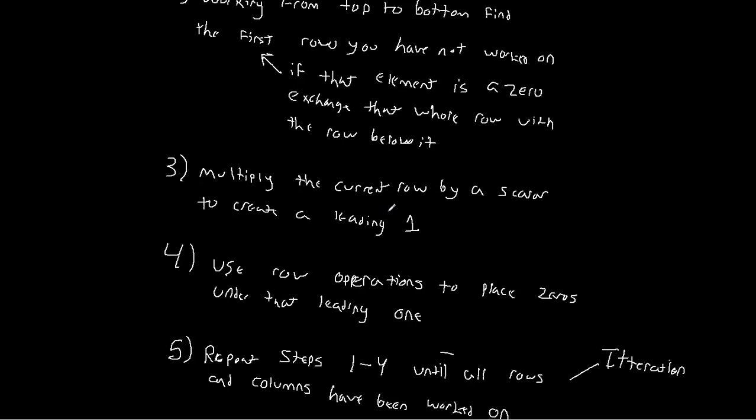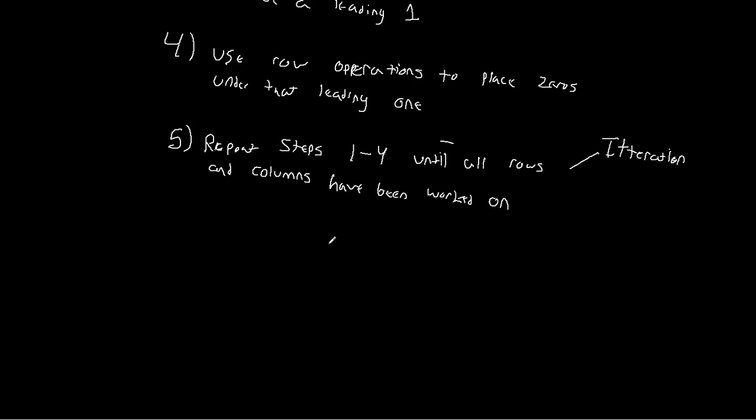That's what steps 1 through 3 did. Every leading one should now be to the right of a leading one before it, because we're switching the rows around. Any rows of zeros should make it to the bottom. So if we do this correctly, we should meet the first 3 criteria of reduced row echelon form.